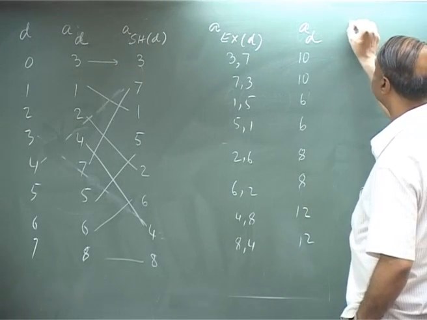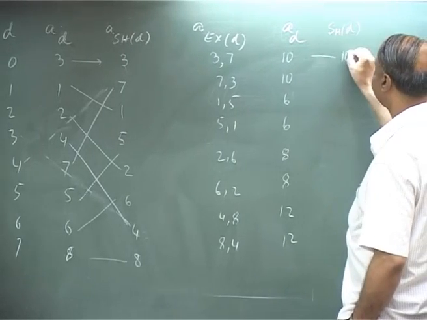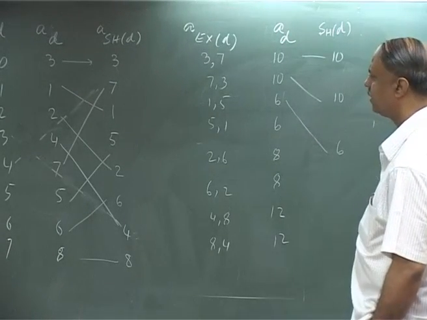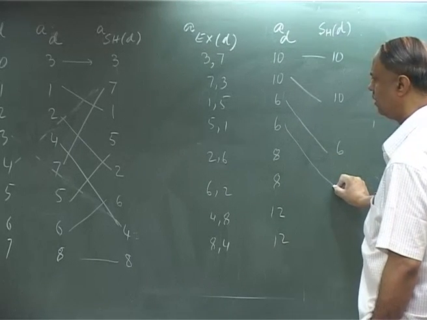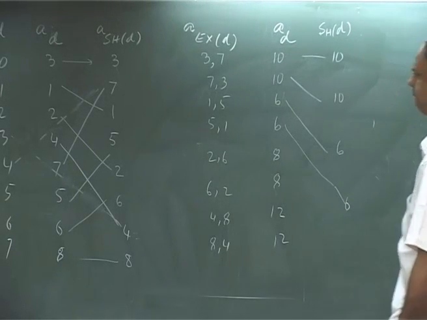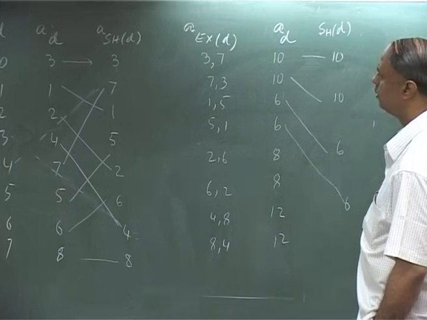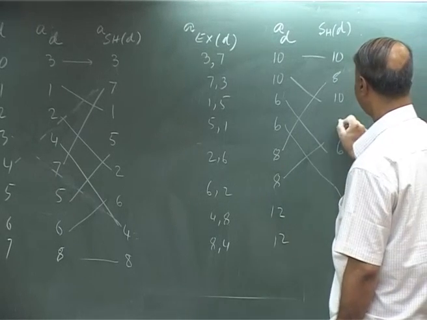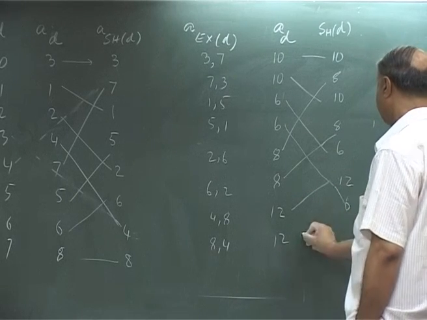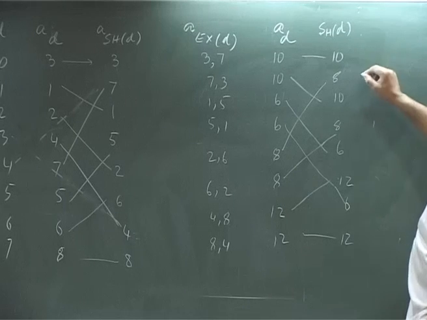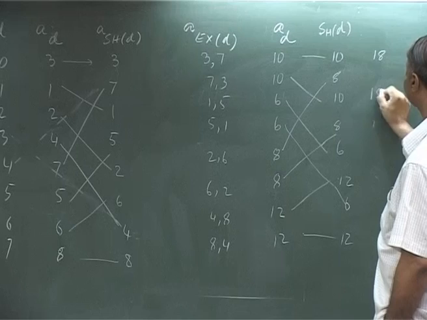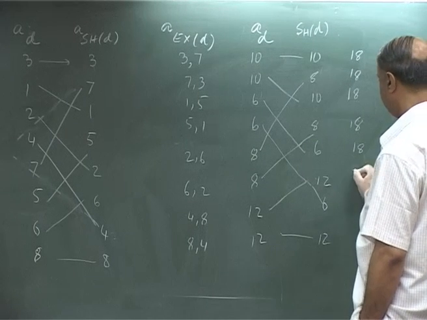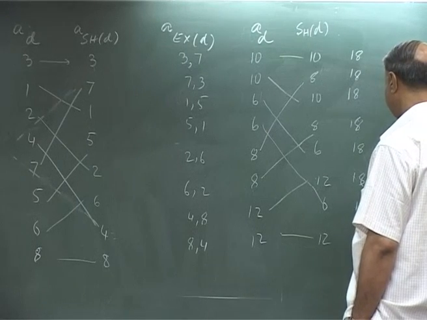Next, again you do the shuffle of D. Now you perform the exchange operation and add, and this becomes 18, 18, 18, 18.